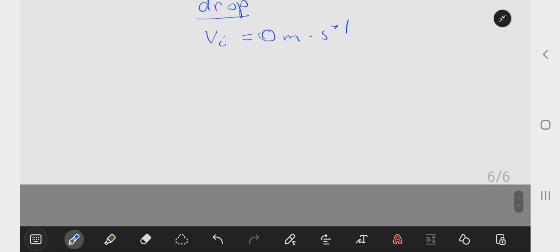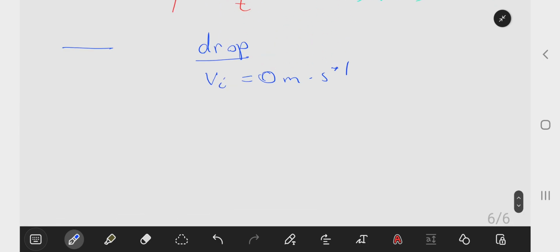Let me have a simple diagram on the side so that it's easier to understand. Let's say a ball was dropped from the rooftop. If it's dropped, we expect it to go downwards in that direction.